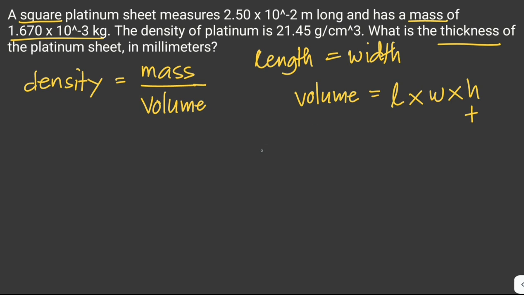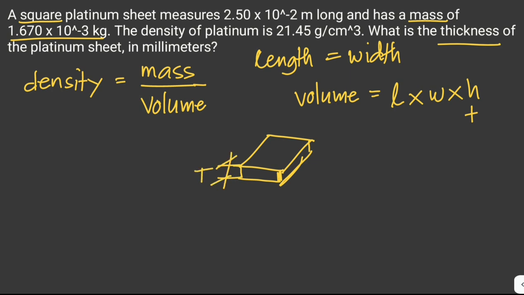So if this is our square platinum sheet, it has equal length and width, the sides are equal, so the thickness should be this one.